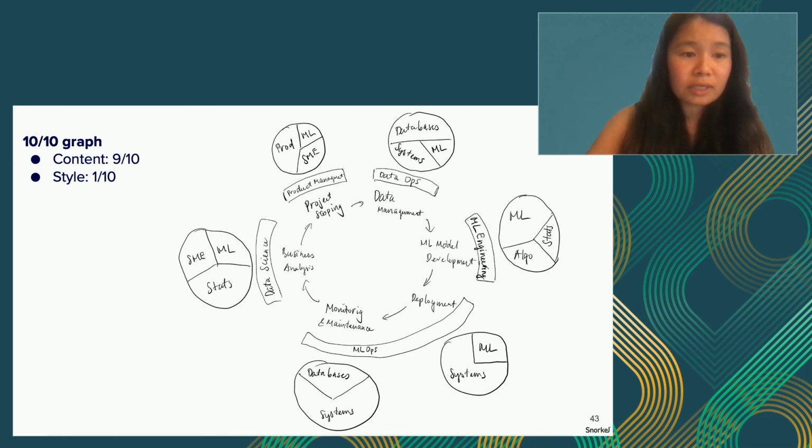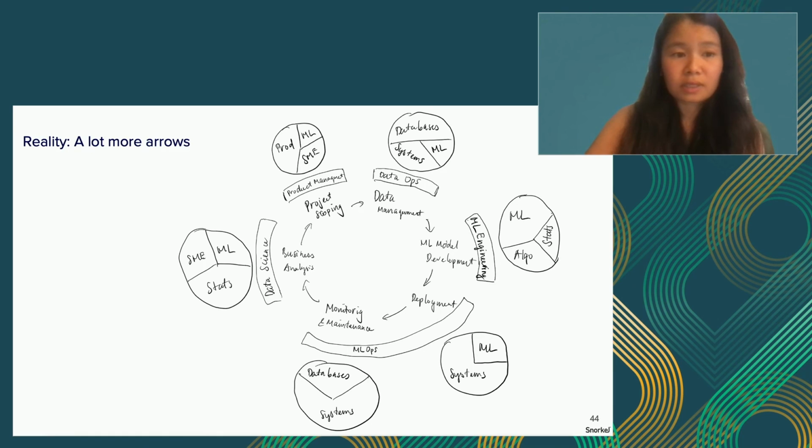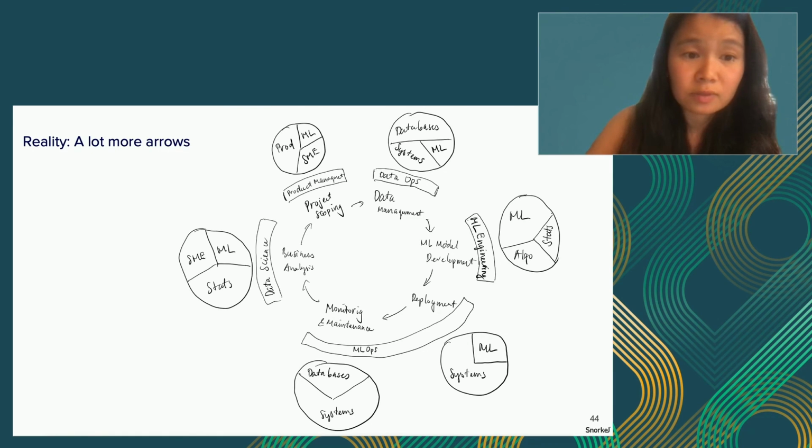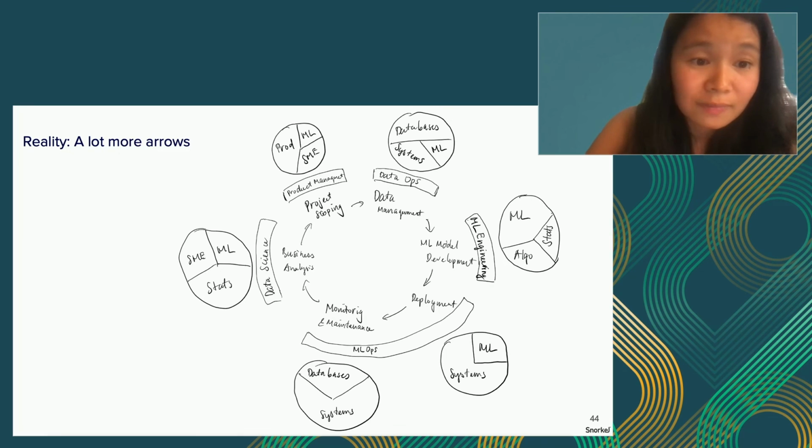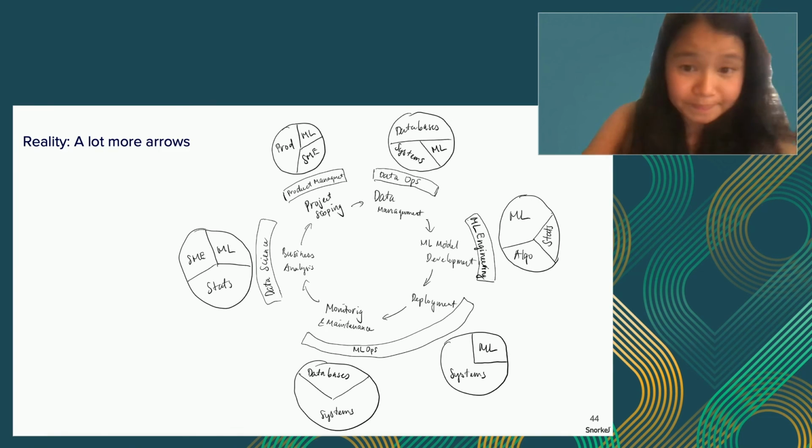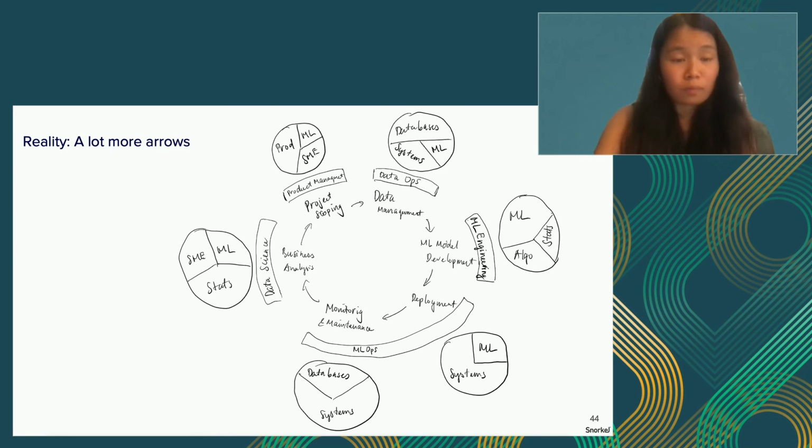If you see, there's only one arrow from one step to the next: from project scoping to data management to machine learning model development, and then deployment, monitoring, and maintenance. See, I can't even read my handwriting. And then business analysis. The reality is that there are a lot more arrows.